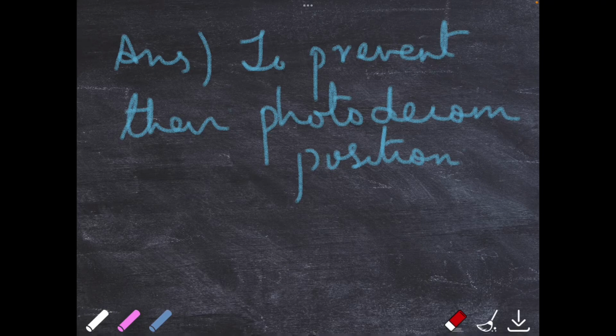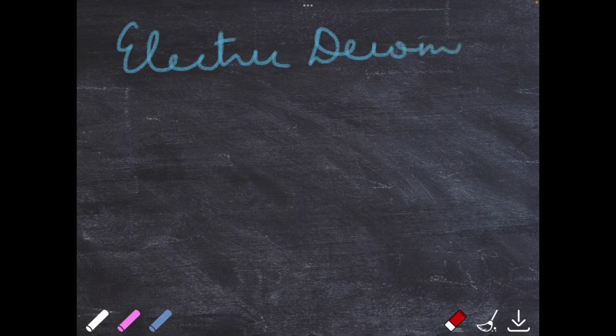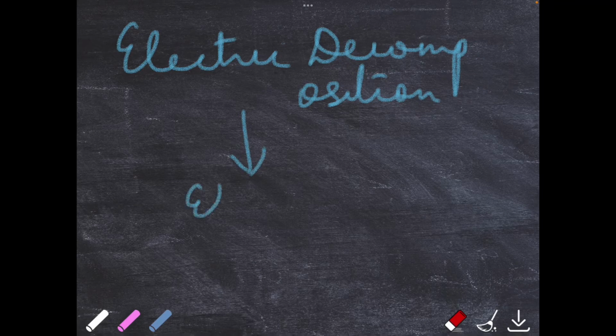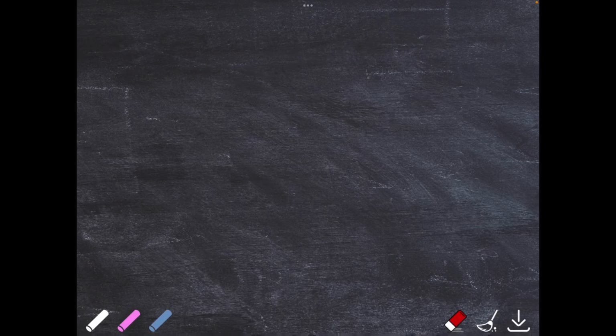Then next in the line is electric decomposition, when the source of energy is electric current. Wherever electrolysis takes place, all these are examples of electric decomposition. For example, electroplating is there, electrorefining is there. But let's discuss the electric decomposition of water.